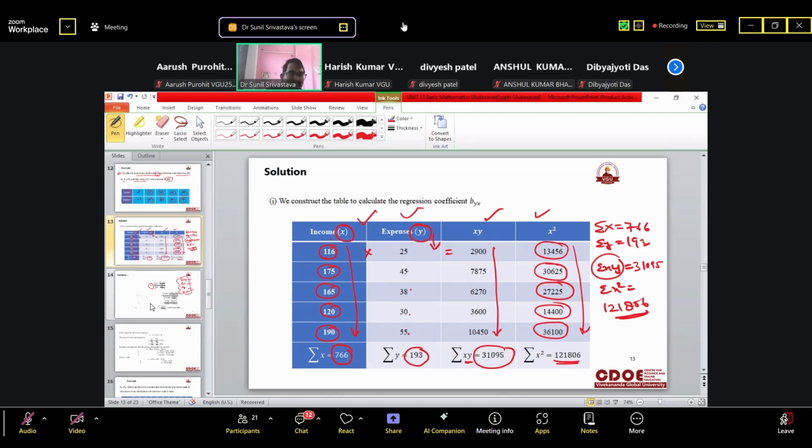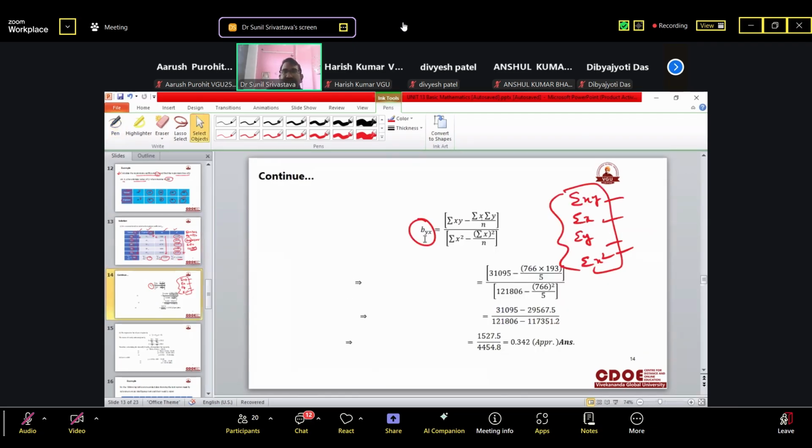Now put the values in these expressions. The formula is given by byx is equal to summation of xy minus summation of x times summation of y upon n, divided by summation of x square minus summation of x whole square upon n. Now I'll put it here.